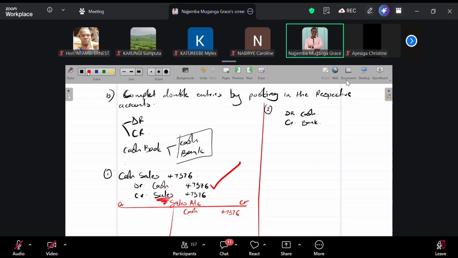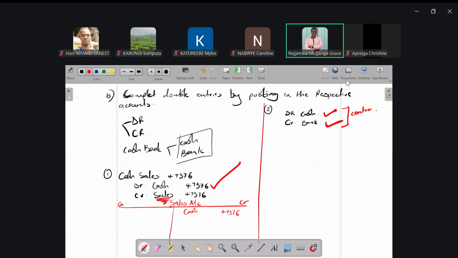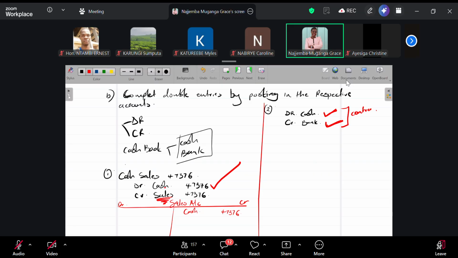All these entries were posted. That's why we said this is a contra. There is no other account. This was posted in the cash book. This was also posted in the cash book. That's why we said the cash book is a ledger where double entry can be completed within the journal.